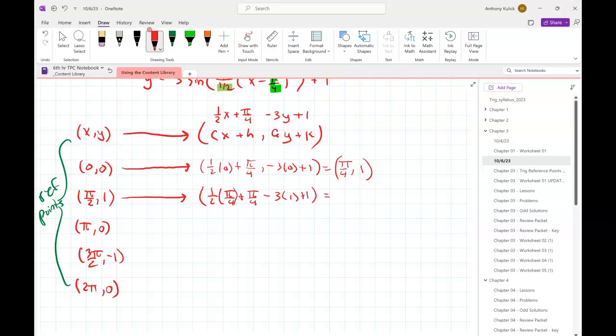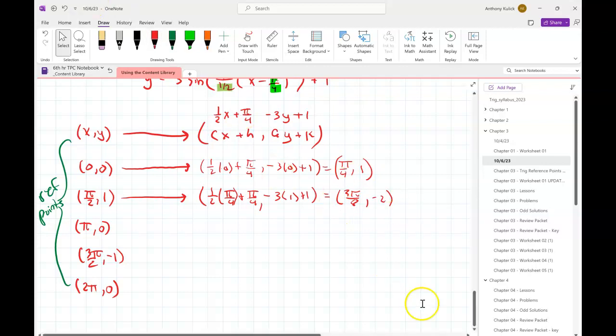Not pi over 2, because when you multiply fractions, they just go straight across, right? Pi over 8. And if I want to add pi over 4 to that, what do I have to have? Common denominator. What would the common denominator be? Okay, so it would be 8. So I have pi over 8 plus 2 pi over 8, which gives me 3 pi over 8. Now, I'm perfectly comfortable doing that in my head. If you need to write things down, write things down. That's totally fine. And then I have negative 3 plus 1, that's negative 2.